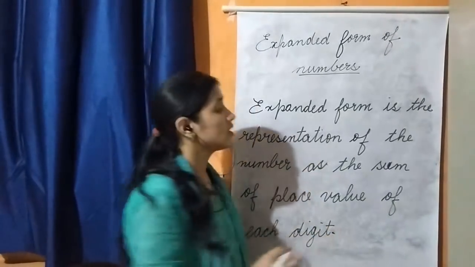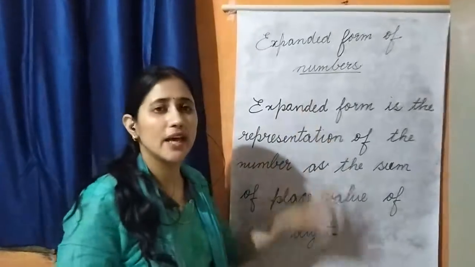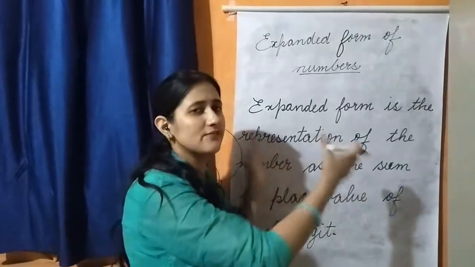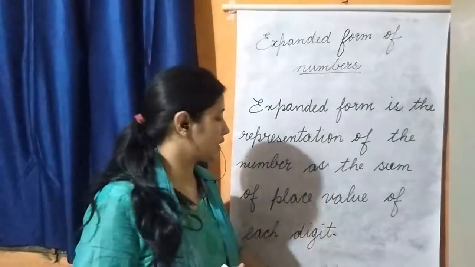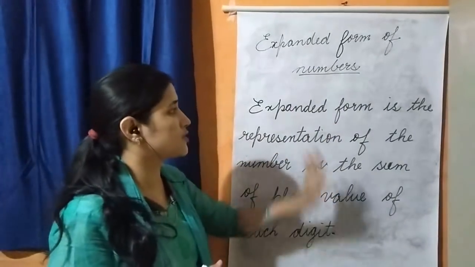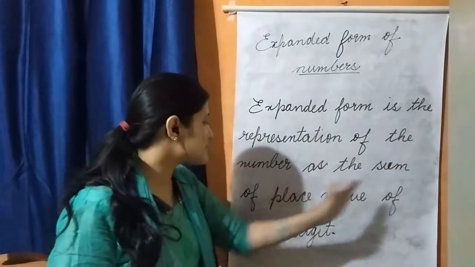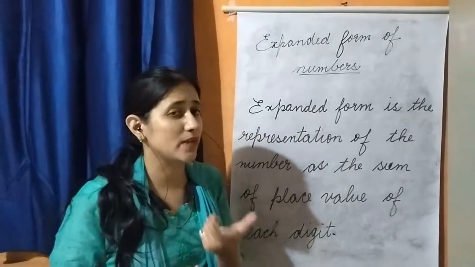Okay, when we will do this topic with the help of the examples, that time you will understand how suitable this definition is going to be for this expanded form. Okay, so please do write this definition. Expanded form is the representation of the number as the sum of the place value of each digit. Sum of the place value.